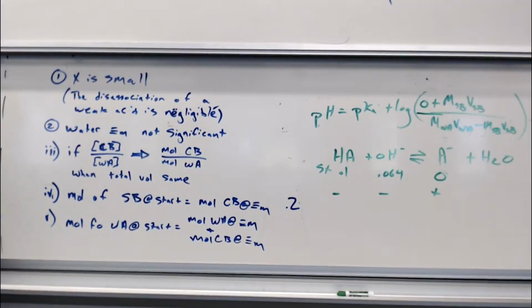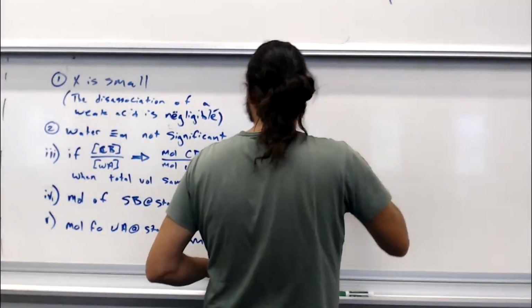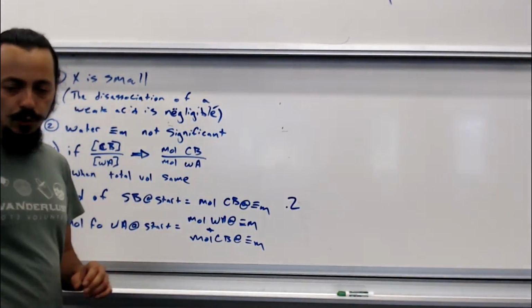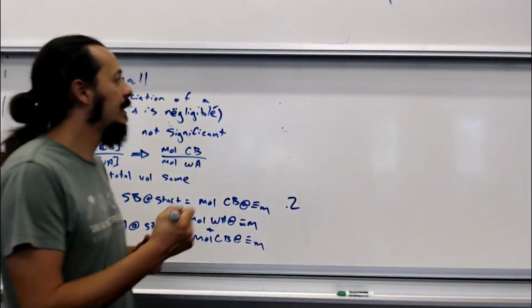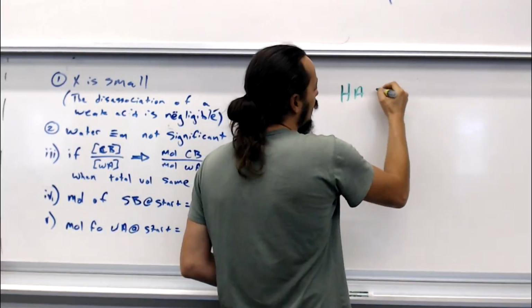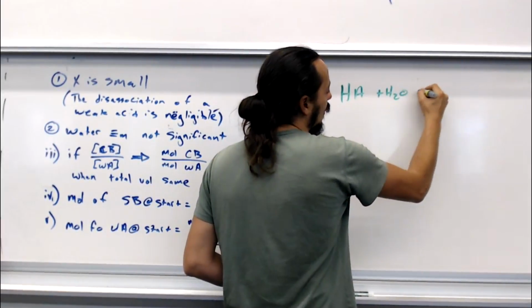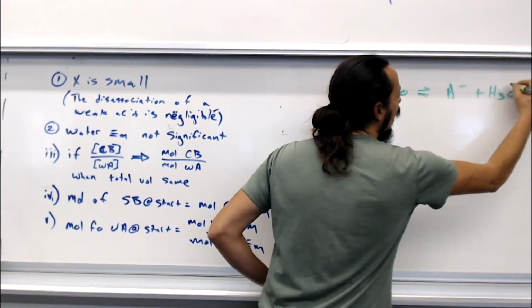Remember, when we're doing the Henderson-Hasselbalch equation, we're doing a shortcut for the equilibrium, right? We are doing HA plus H2O goes to A minus plus H3O plus.